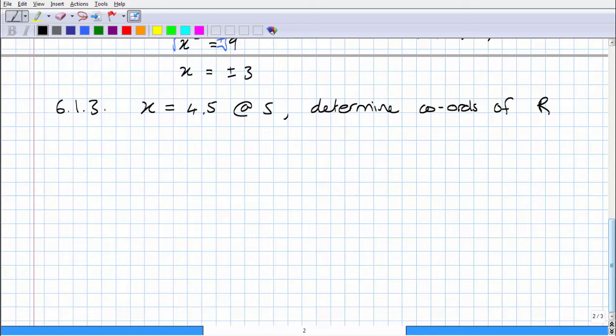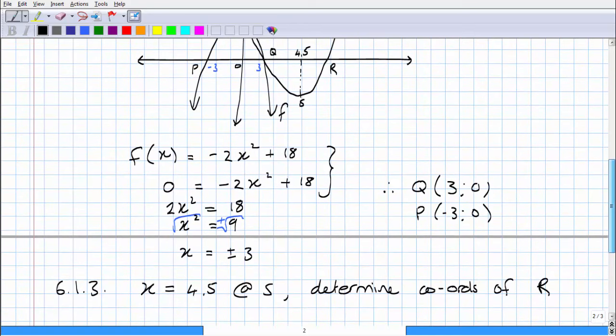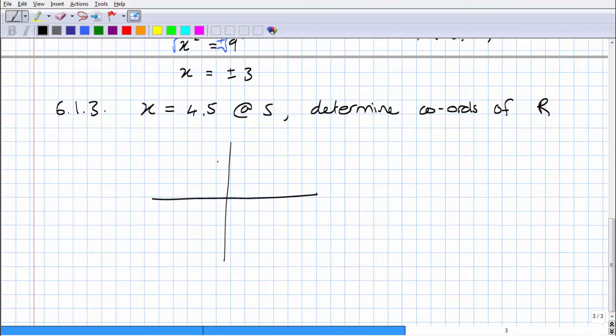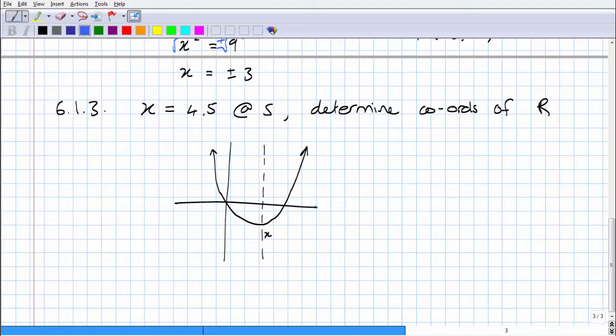We've got to say, well, s is the turning point, and that means that if we have a graph, say whatever, I'm going to draw the same graph, but any parabola, and we've got that turning point there, in this case we called it x, and the distance, if we call that... in fact, let me just use a different color, easier to see.